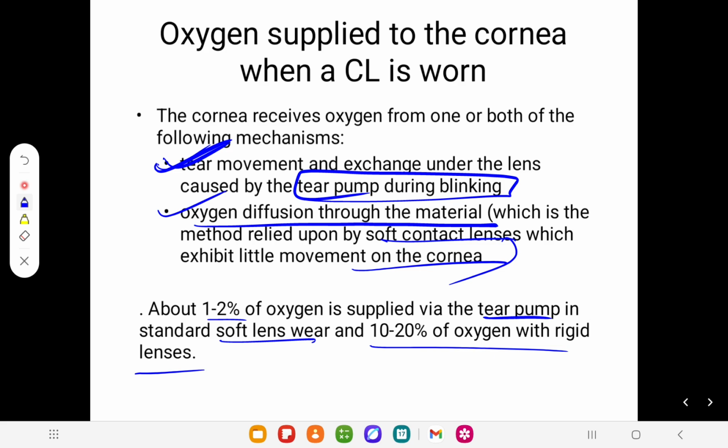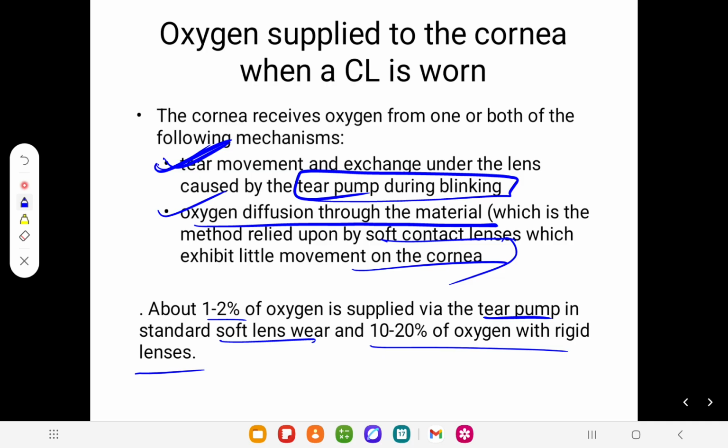If you could rely on the tear pump mechanism for oxygen, then here is a question you must answer as an optometrist: can we fit PMMA?